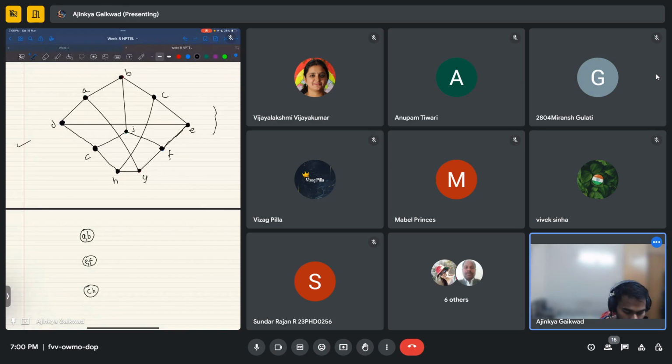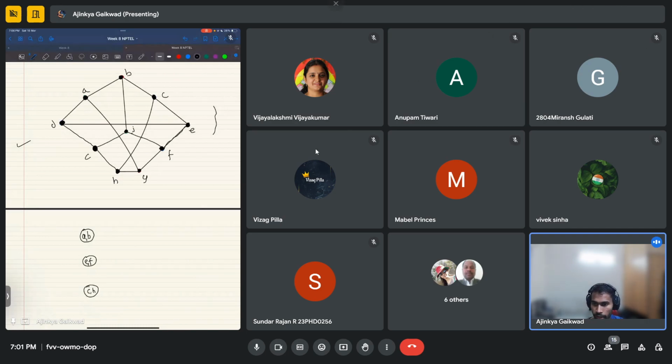Now, like I said, what happens after edge contraction? You replace the vertices A and B by a new vertex AB, and then similarly vertex E comma F and vertex C comma H. Now let's put the rest of the vertices on the other side, which is G, J, and D. Wait, I think this is still delayed.